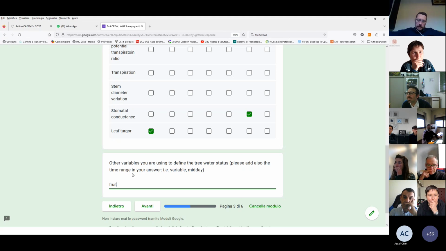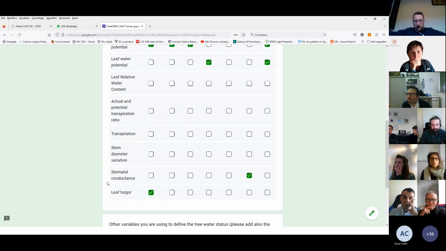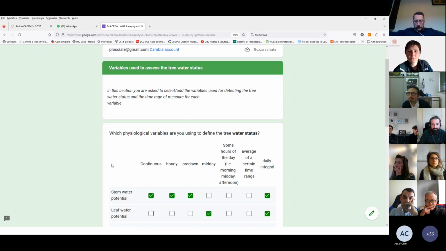Okay, so in theory, you must fill one questionnaire per each data set. But if you have a time series, for example, you have the same measure in different days or during different physiological stages, we must take this into account.